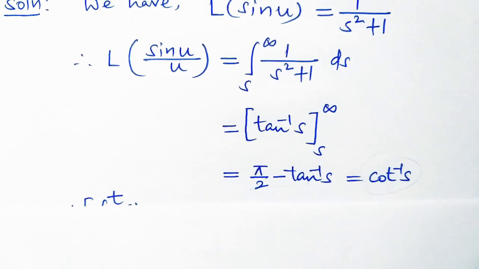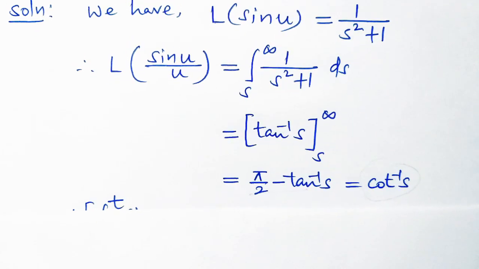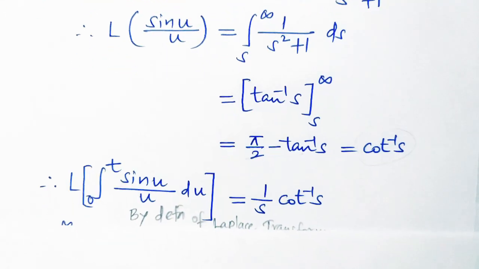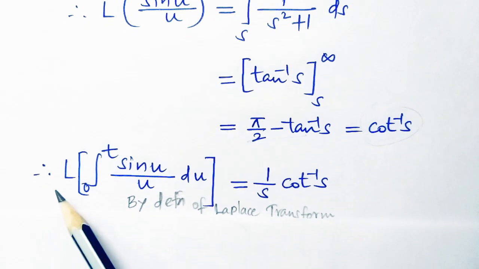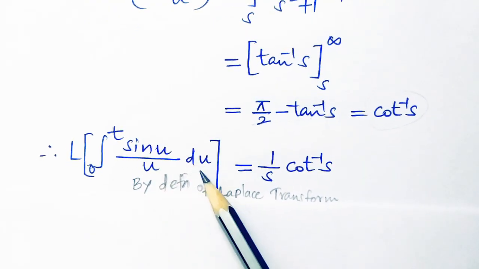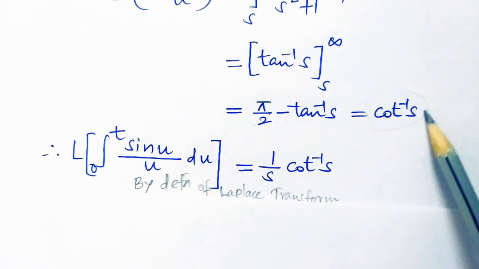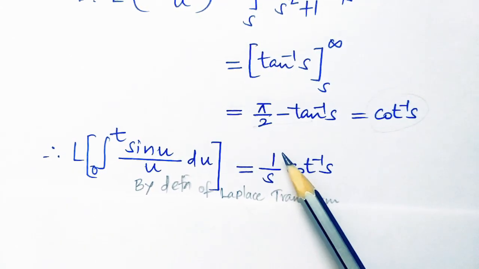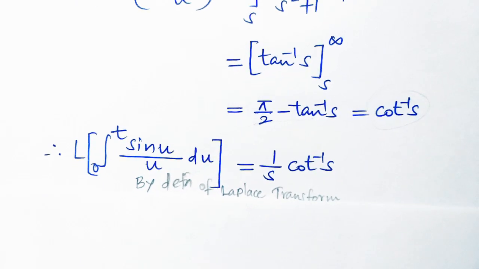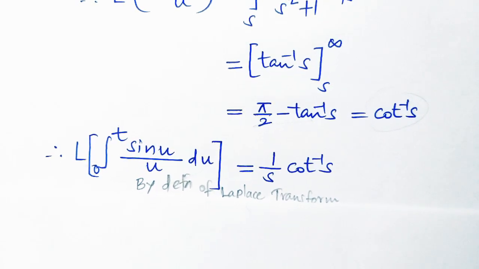And according to the question, after sine of u divided by u, it should be integration between 0 to t. So we will introduce that. Here Laplace of integration between 0 to t sine of u divided by u du is equal to this cot inverse of s multiplied with 1 by s. So here it is 1 by s cot inverse of s. Then we make use of the definition of Laplace transform.